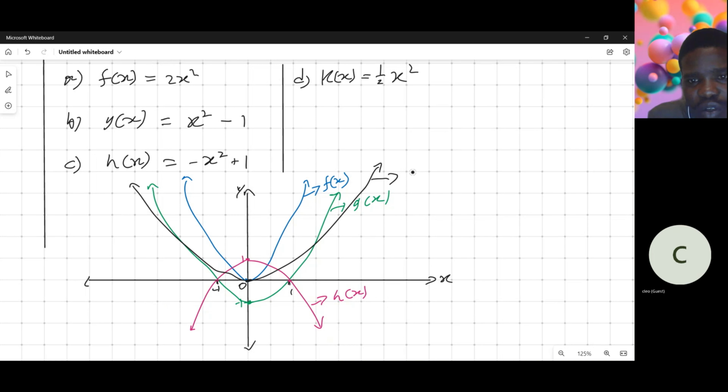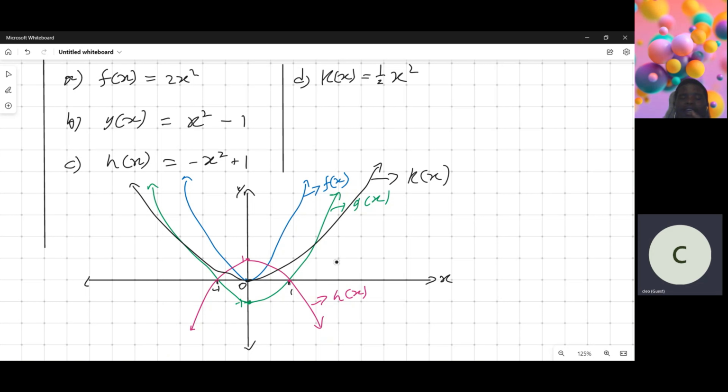So this one is your K of X. Any questions? Are you happy? Can you draw the parabolic graph now? If I ask you to sketch, you will be able to sketch? Yeah. Because we do have questions asking that.